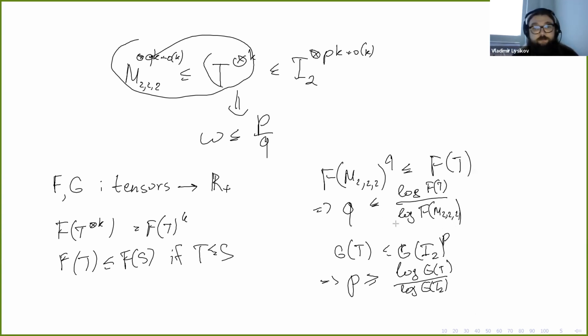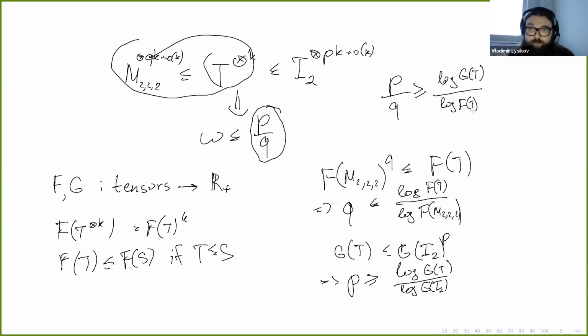And this sometimes gives us barriers on this fraction p over q, which gives us an upper bound. So p over q in this case is greater than log g over log f times log f of matrix multiplication over log g of I_2.